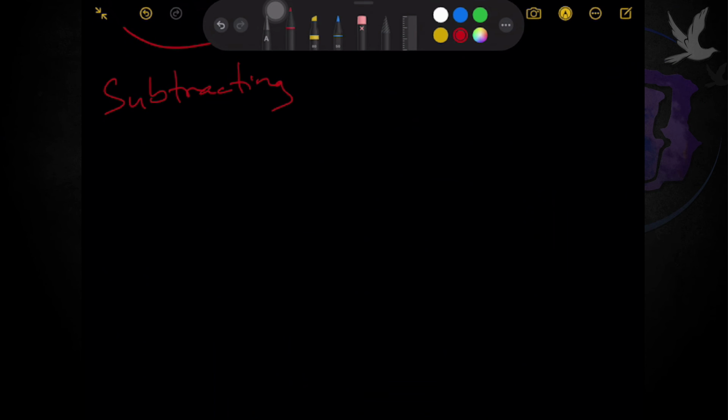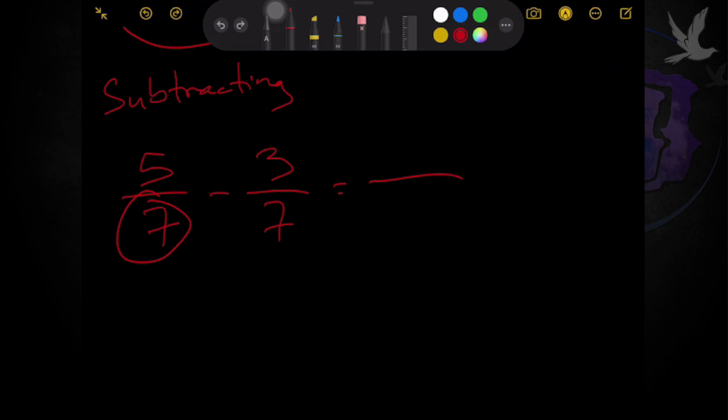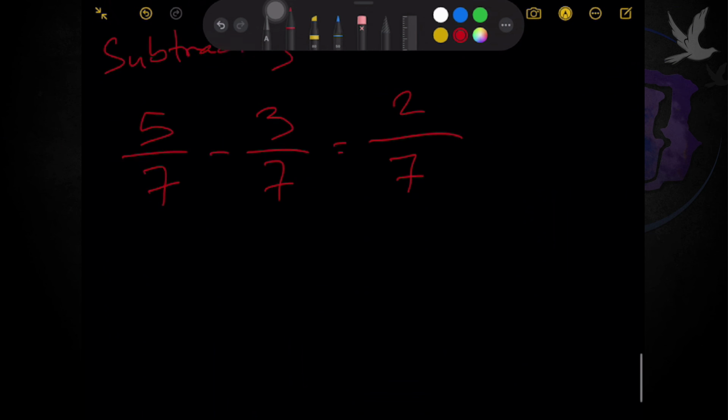So, anyway, subtracting similar fractions. Let's say we have 5 over 7 minus 3 over 7. Again, same denominators, which means you just need to copy our denominators, which in this case is 7, and proceed with subtracting our numerators, 5 minus 3, which is equivalent to 2. So, 5 over 7 minus 3 over 7 is equivalent to 2 over 7.